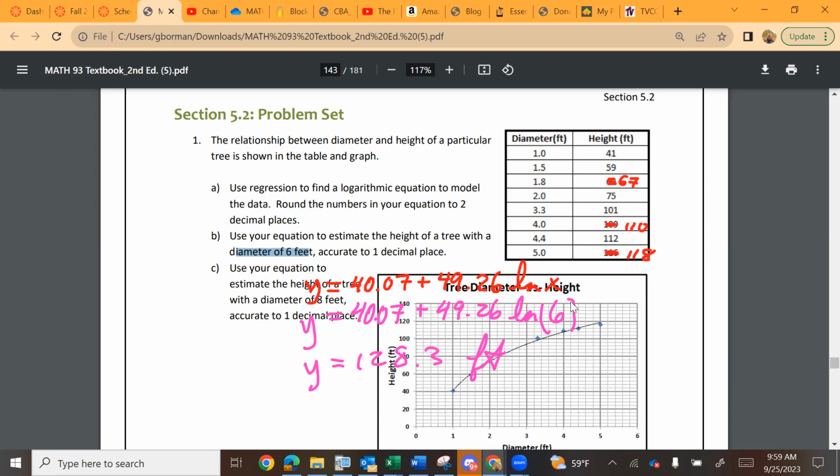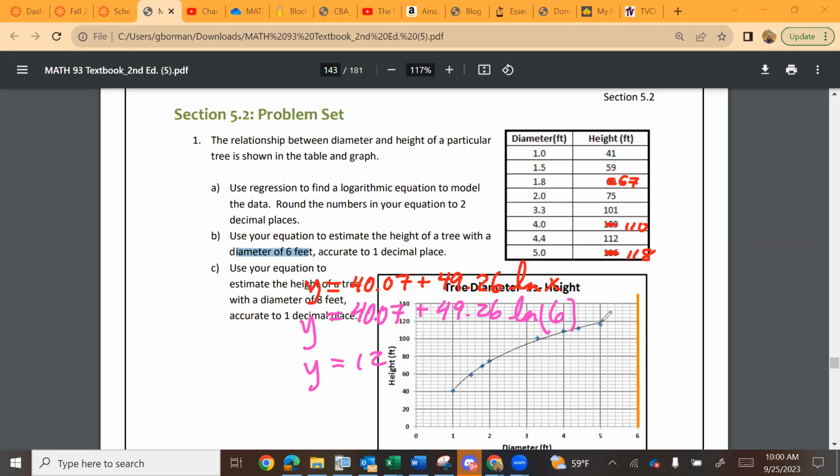And of course, we could look at the graph as well. Let me get rid of some of that right there. There, now I can read a little better. We could look at the graph and say, well, at 6-foot diameter, that's right here on the right side edge of the graph. What does our y value look like it's going to be?